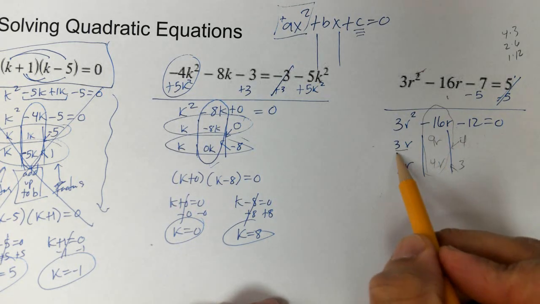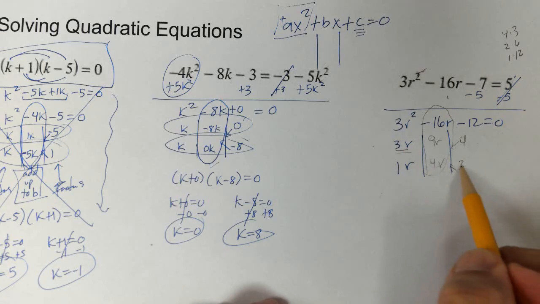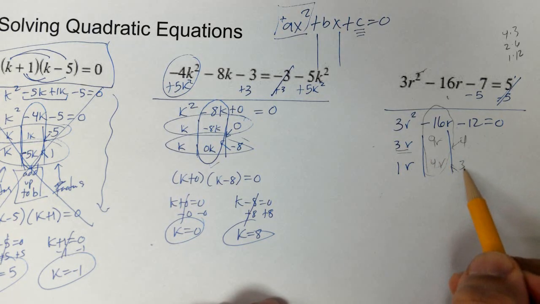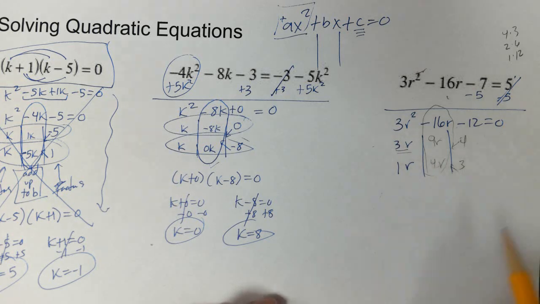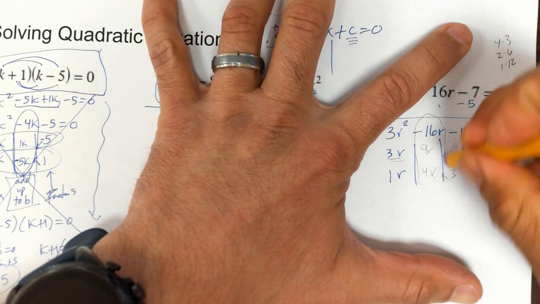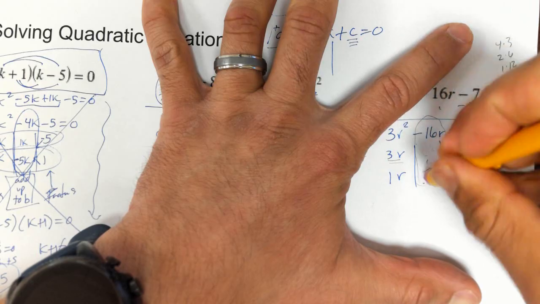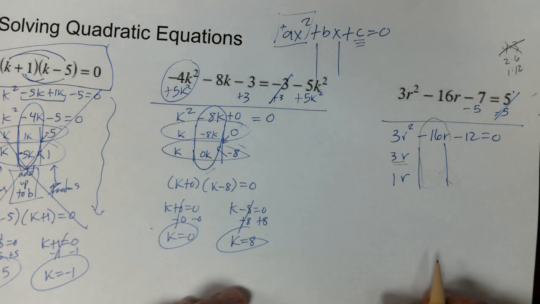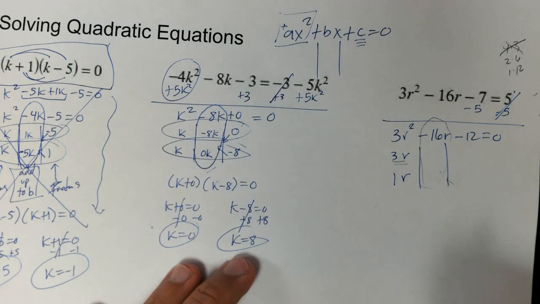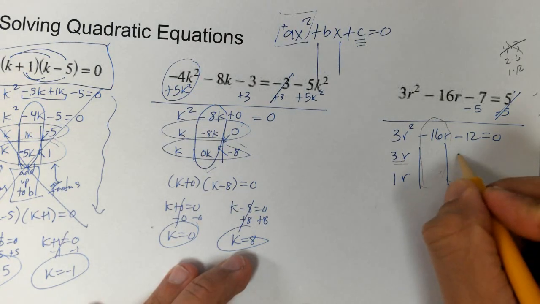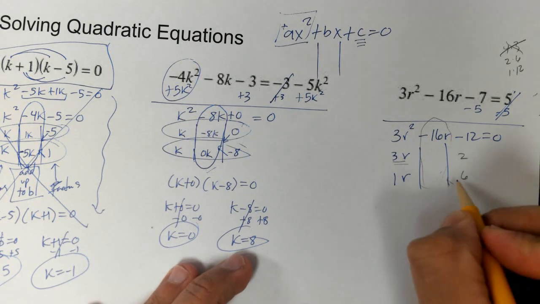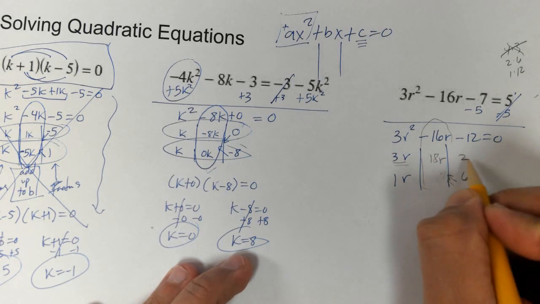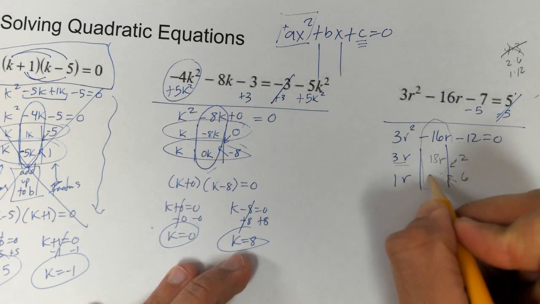Whenever you have another value in front as a coefficient, when you cross multiply, you have to account for the fact that you're multiplying something times your 3. And this is when it definitely takes a little bit of experimenting. So 4 and 3 didn't work in either direction. Let's try 2 and 6. If I do 2 times 6 and I cross multiply, I get 6 times 3 is 18, and 2 times r is 2r.